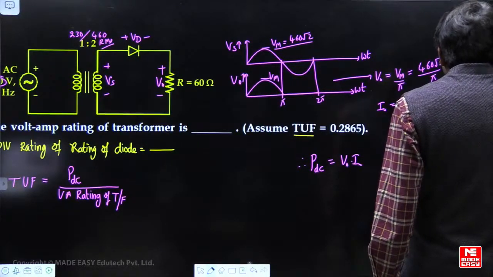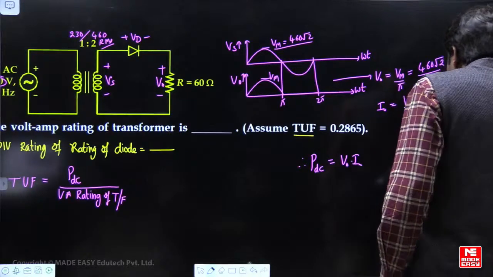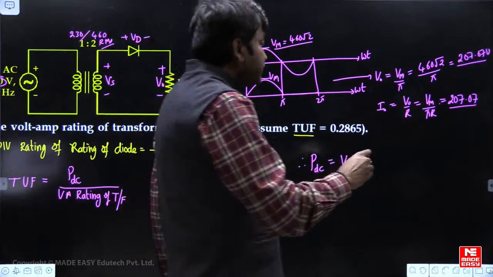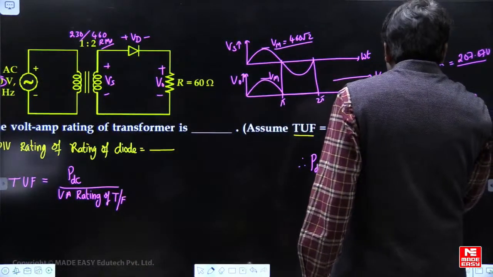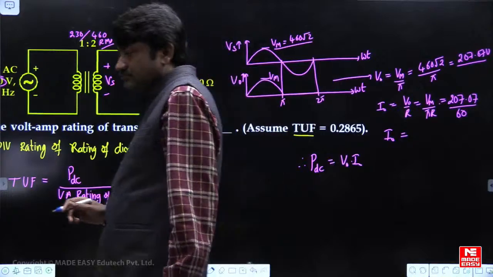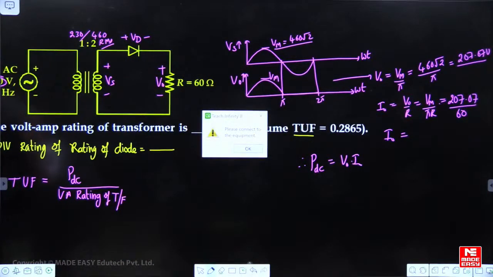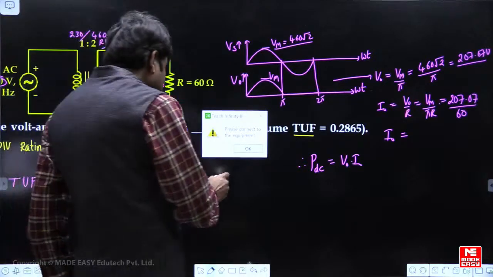This is 207.07 volts divided by the load resistance, which is given as 60 ohms. Calculate this value. So 3.45 amperes.